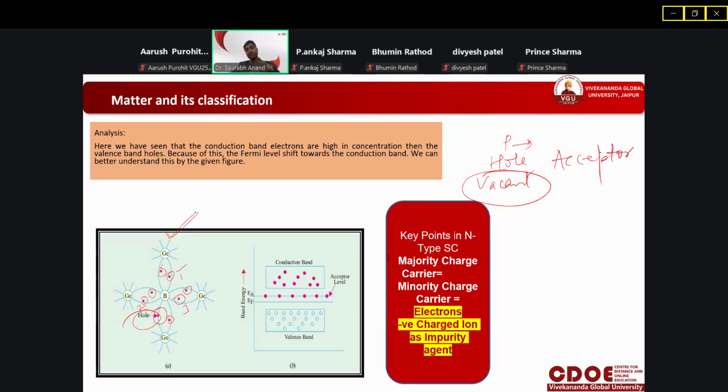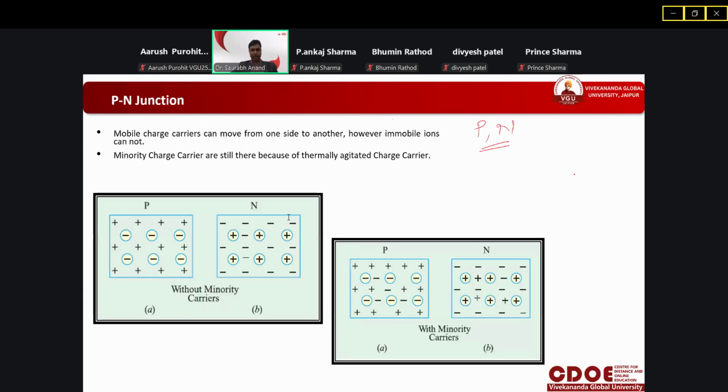In n-type, that was a donor ion because one electron was in excess. That is why it could donate. But here there is one vacant space. It means we will accept one electron. So this is an acceptor ion. So this will be shown here. P-type acceptor means we will accept, so negative will be there. Donor means donate, so they will be positive.